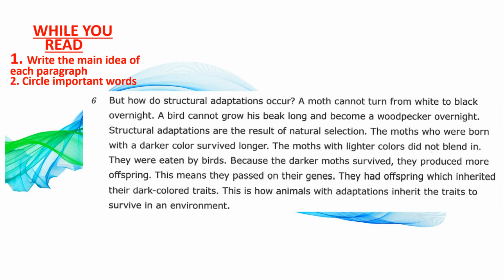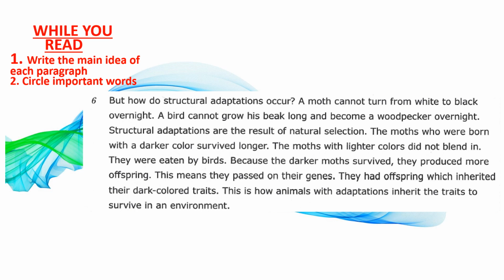Paragraph 6. But how do structural adaptations occur? A moth cannot turn from white to black overnight. A bird cannot grow his beak long and become a woodpecker overnight. Structural adaptations are the result of natural selection. The moths who were born with darker color survived longer. The moths with lighter colors did not blend in.